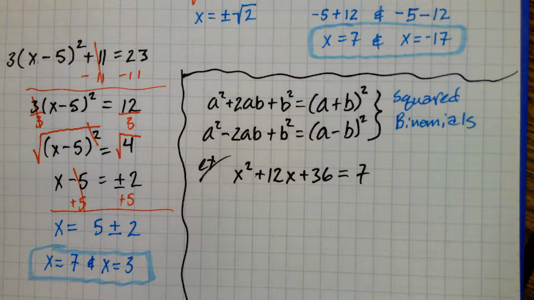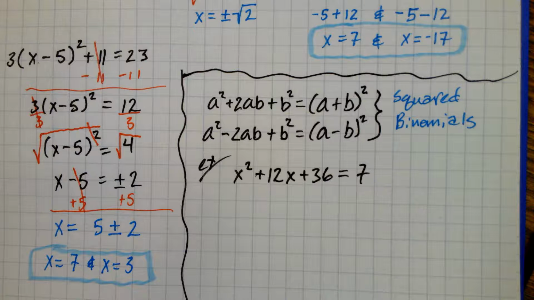Well, this looks totally different from what we've done before, right? One thing we could do is try to solve it by factoring. And what would we do to do that? We would take away 7 from both sides, and this would become 29, right?